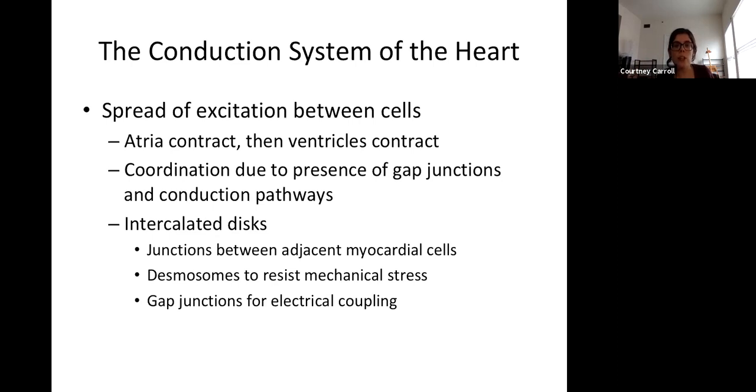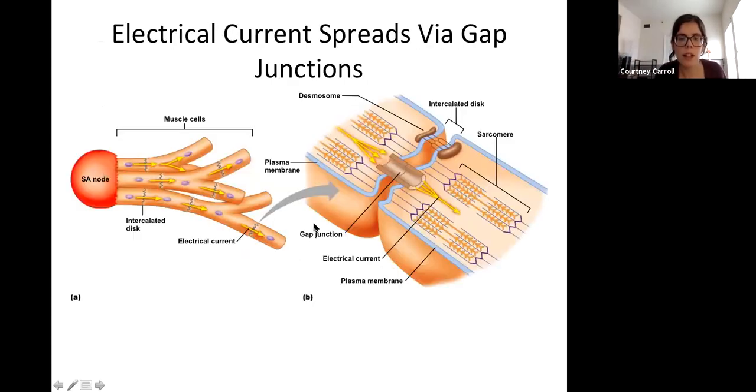And this is through our intercalated discs and our conduction pathways. So an intercalated disc is a junction between 2 cells in the heart, and it has gap junctions that allow for the electricity to be spread, those ions to be spread. And it also has desmosomes, which are very tightly linked, and they resist mechanical stress. So here's what that looks like.